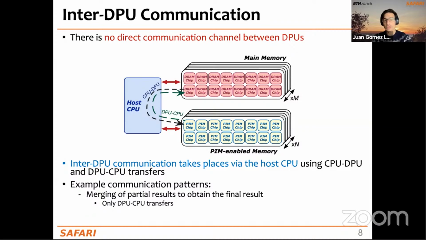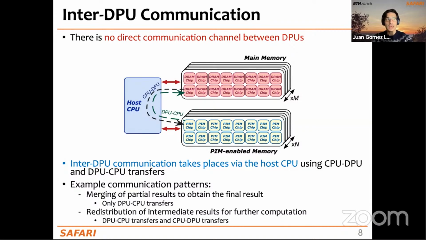One is the merging of partial results to obtain a final result. Another one is the redistribution of intermediate results for further computation. Today, we are actually going to talk about some of the codes that we have implemented to do our benchmark analysis and workload suitability analysis on the UPMEM architecture, and we will see some of these patterns.